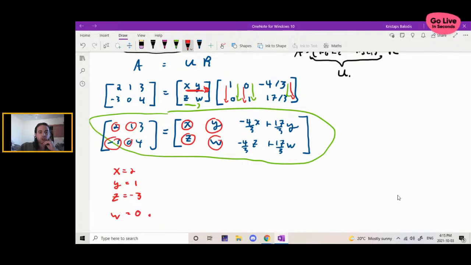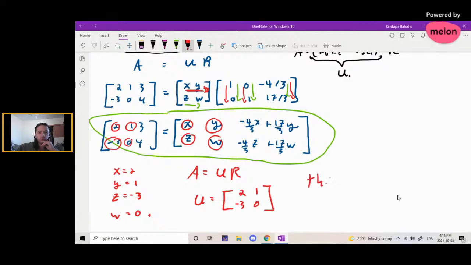And sure enough, this is our answer then in this case, if we want to find A equal to U times R, well, now we know that the matrix U is equal to 2, 1, minus 3, 0. This is the solution.